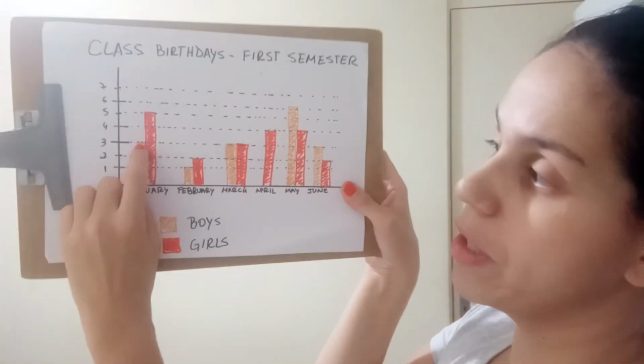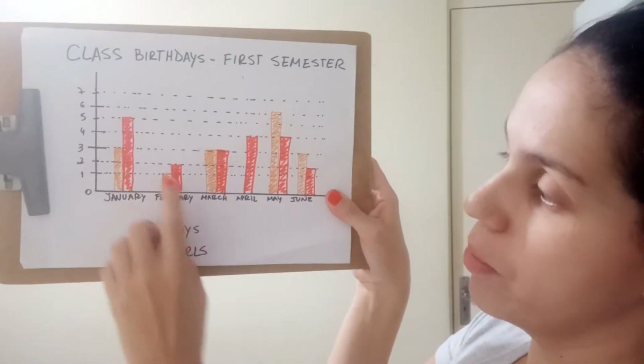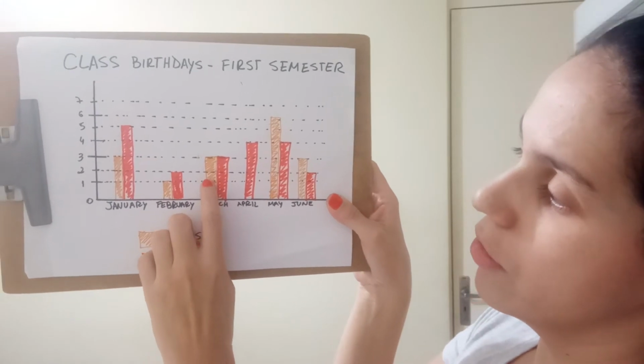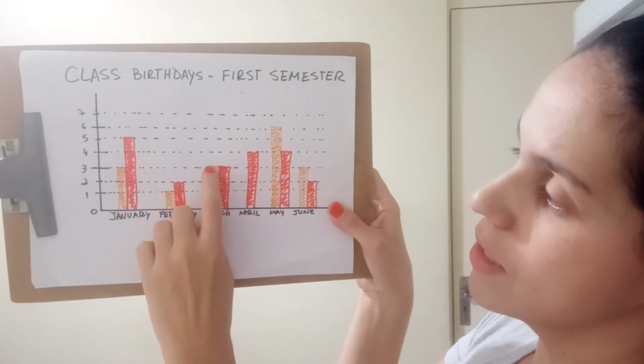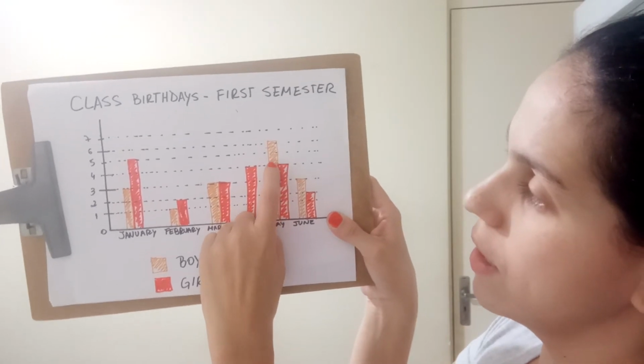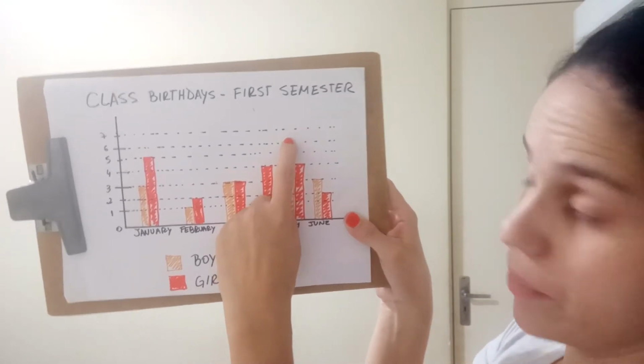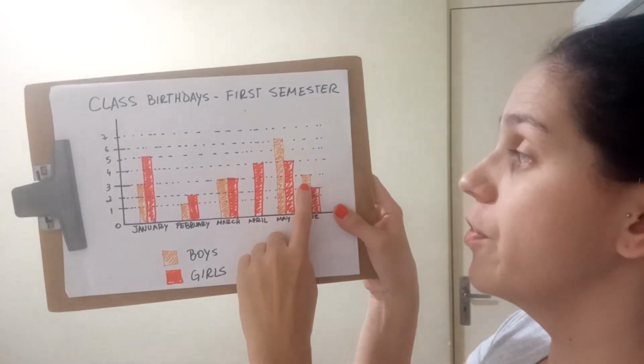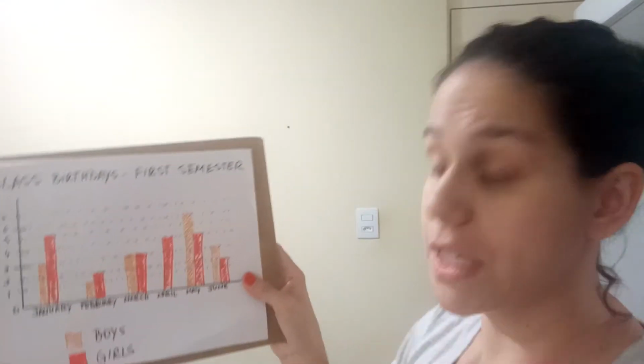Let's go. 1, 2, 3 boys, 4 boys, 5, 6, 7, 8, 9, 10, 11, 12, 13, 14, 15, 16. 16 boys. Yes?